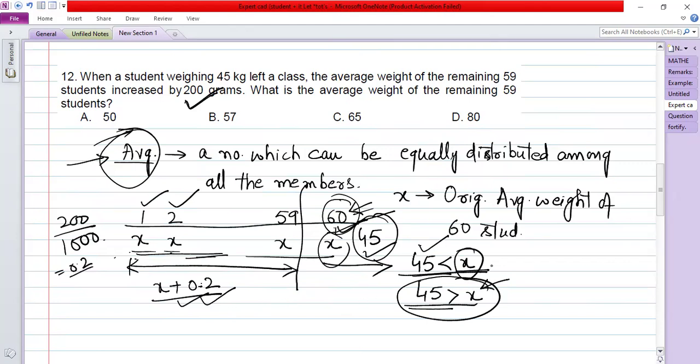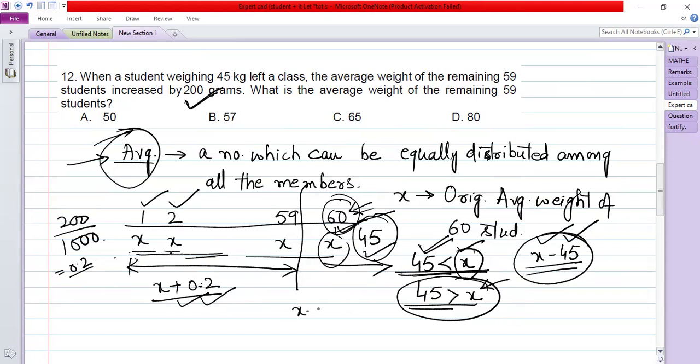So now here is this difference of x minus 45, since 45 is less than x. This is the difference created in the weights. Now this difference will be distributed equally among the remaining 59 students.